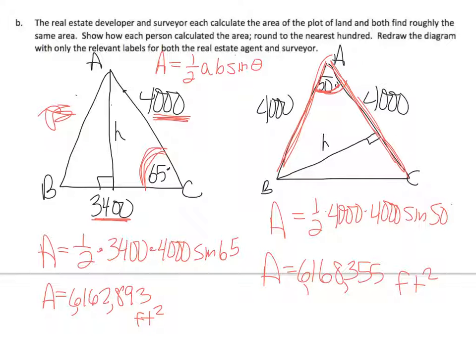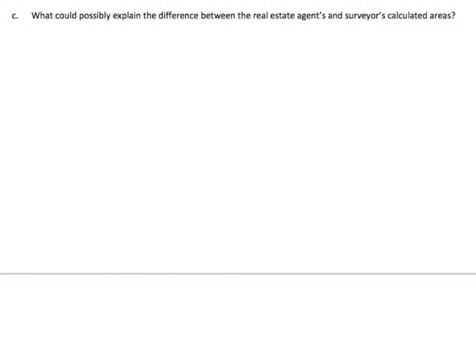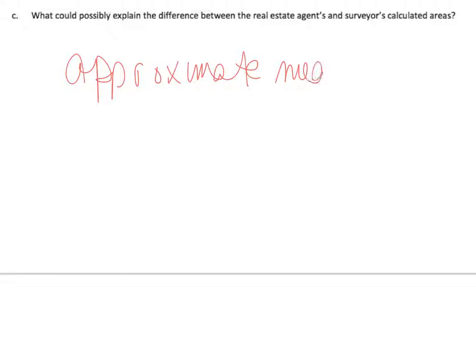let's move on. Push pause and make sure you understand this, or start, and we can talk about it tomorrow. What could possibly explain the difference between the real estate agent's and the surveyor's calculated areas? When we approximate measurements, that could be it.